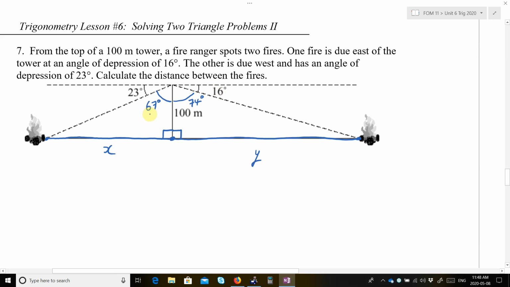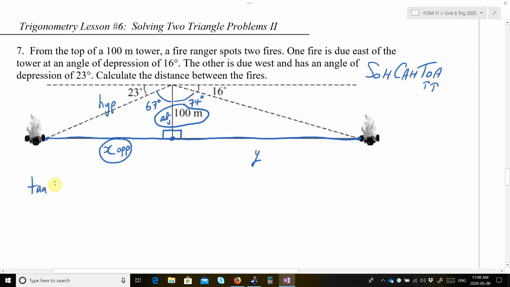Perfect. Now, in this triangle on the left, across from the angle is the opposite side. Across from the 90 is the hypotenuse. So this 100 must be the adjacent. So SOH CAH TOA, we are looking for opposite, and we have adjacent, so tan.